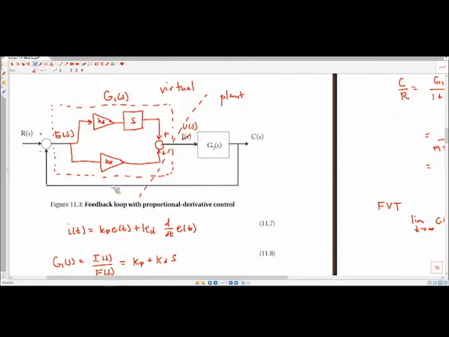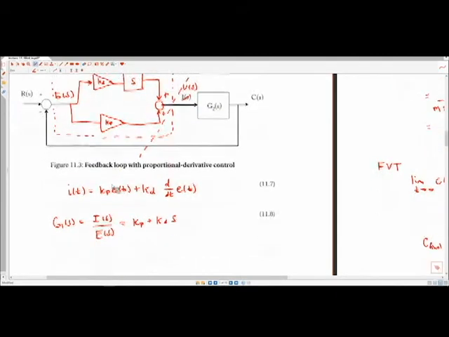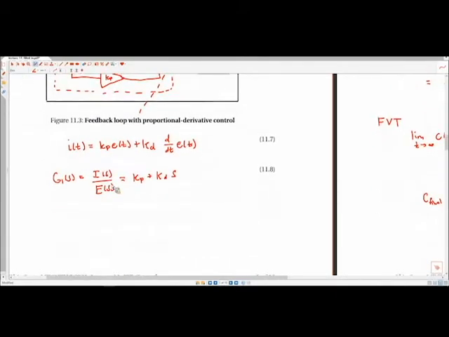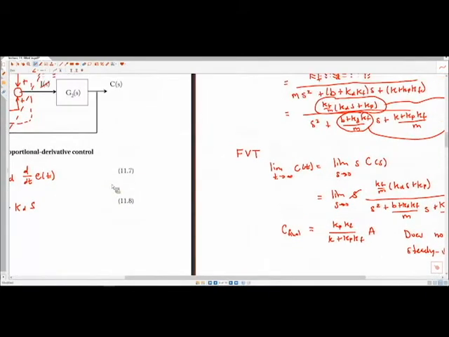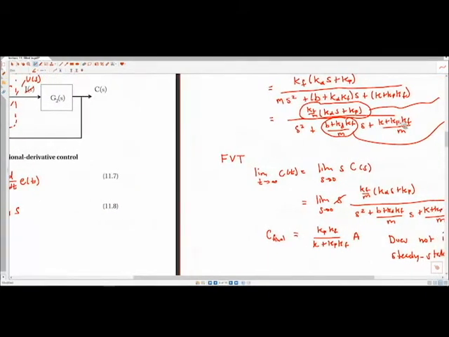Okay, the notes go through some of the more detailed aspects of this. Basically, it follows that because we have not influenced the S to the 0 term, this is where the natural frequency resides in the system. The natural frequency is not going to be affected, right? So the natural frequency is the square root of the S to the 0 term. This is not a function of KD at all.